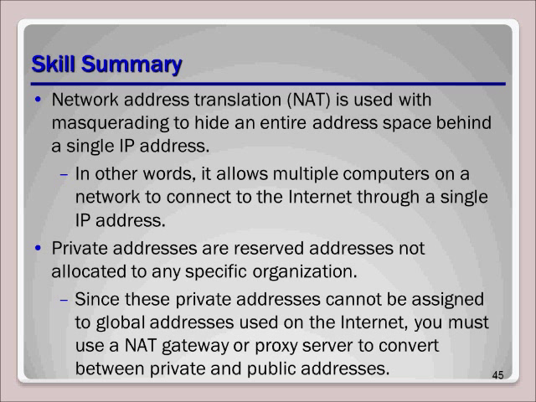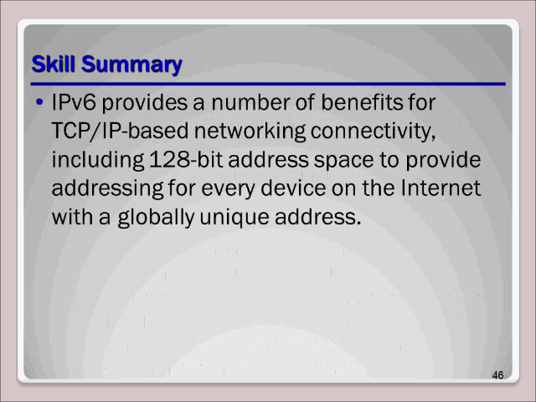Private addresses are reserved addresses not allocated to any specific organization. Since these private addresses cannot be assigned to global addresses used on the internet, you must use a NAT gateway or proxy server to convert between private and public addresses.